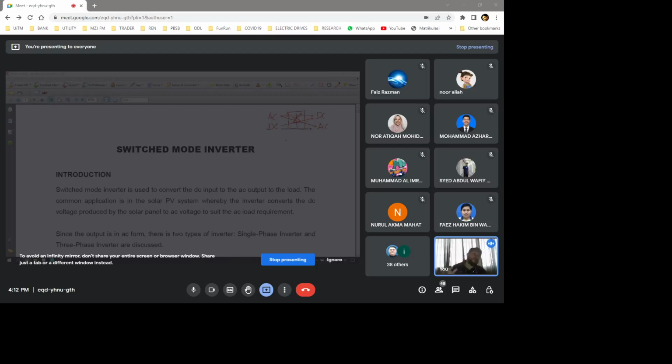This is the opposite of the rectifier, and it is known as an inverter. Switch mode because we switch the input. The input is always a constant DC voltage, a perfect DC voltage waveform. So how do we make it an AC waveform? By using a switch mode converter.